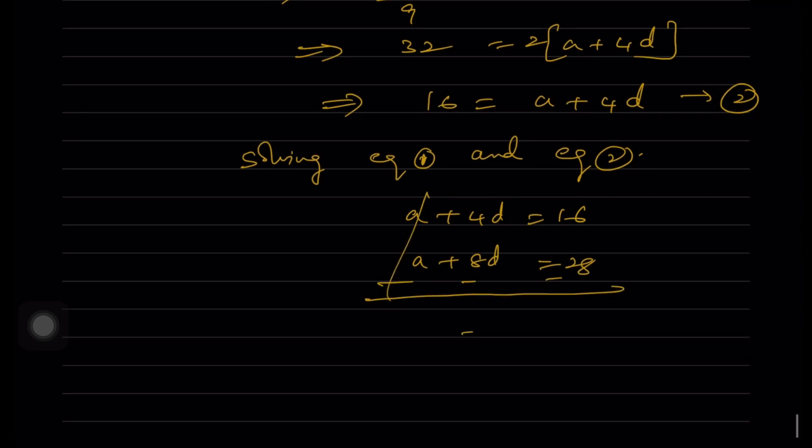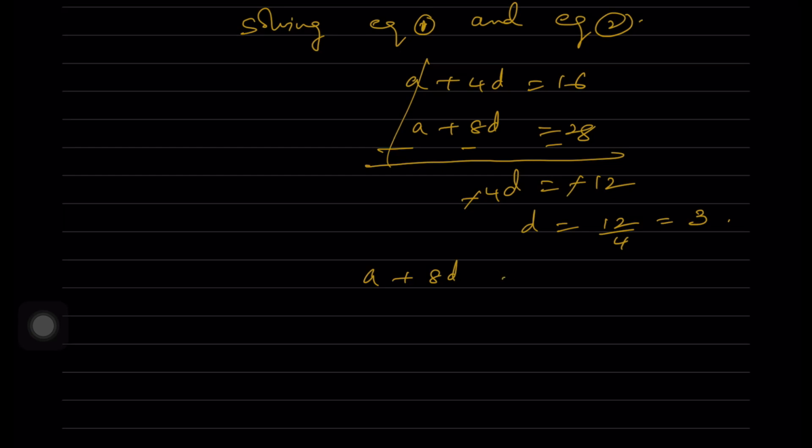You are going to get minus 4d is equal to minus 12. So d is equal to 12 by 4, which is equal to 3.